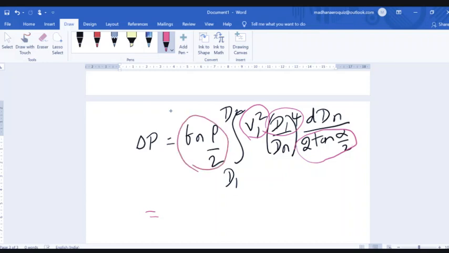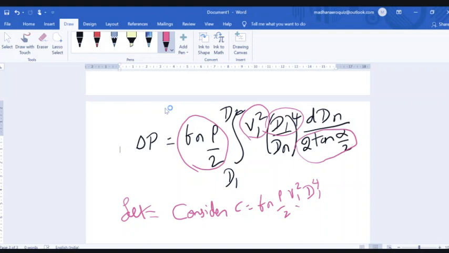We have another constant term. On neglecting all the constant terms, let us consider this particular constant term as capital C, and we leave it afterwards; after integrating, we can substitute this constant term. So in this step, let C equal Fn rho by 2 v1 square d1 power 4 divided by 2 tan alpha by 2.